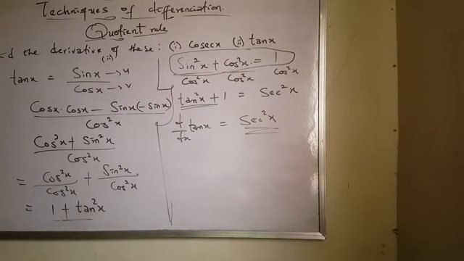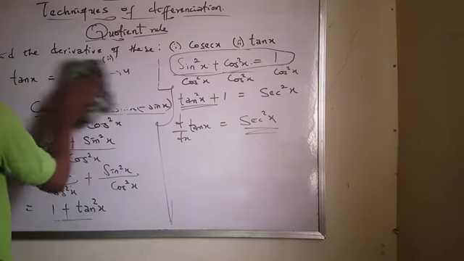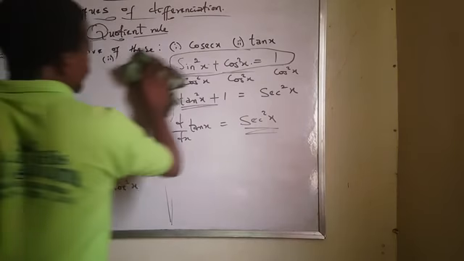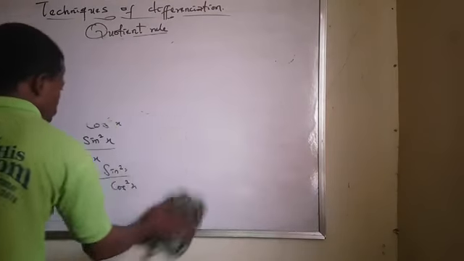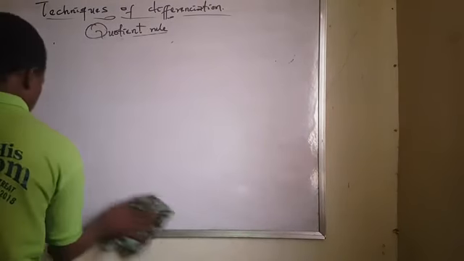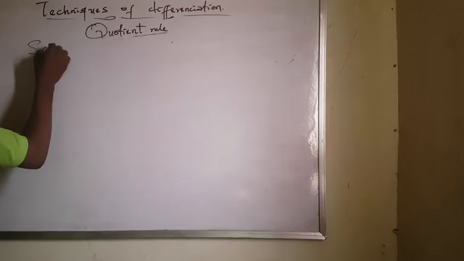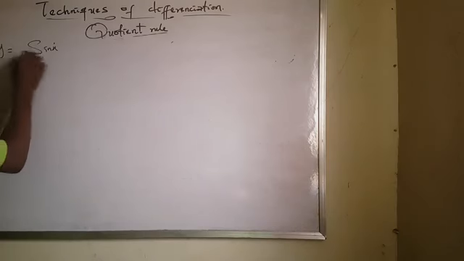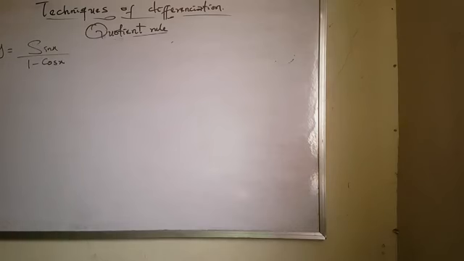Question 3 is sin x over 1 minus cos x. So the next question is sin x upon 1 minus cos x. We have to solve this using the quotient rule.